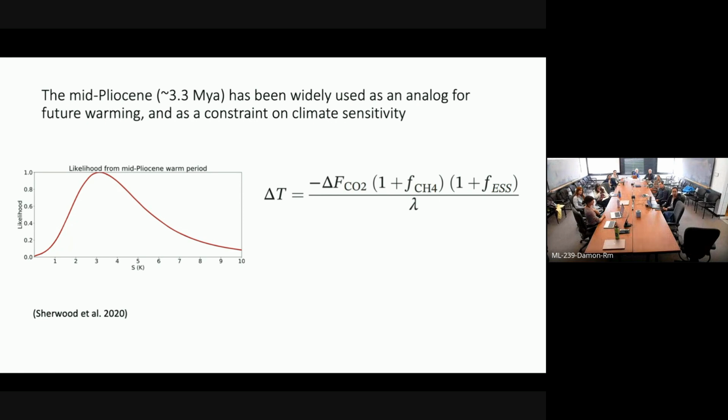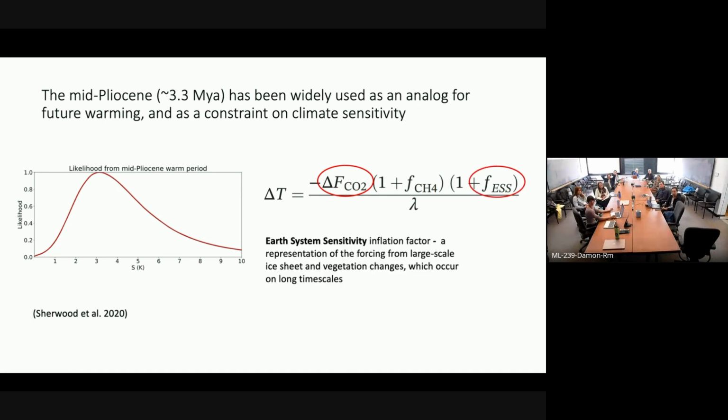Meaning it includes the long-term changes associated with these ice sheet differences and vegetation changes in the Pliocene. From there, that combined with estimates of the temperature change in that climate gives an estimate of lambda, the global feedback during the Pliocene. Oops, I forgot my animations. Sorry.